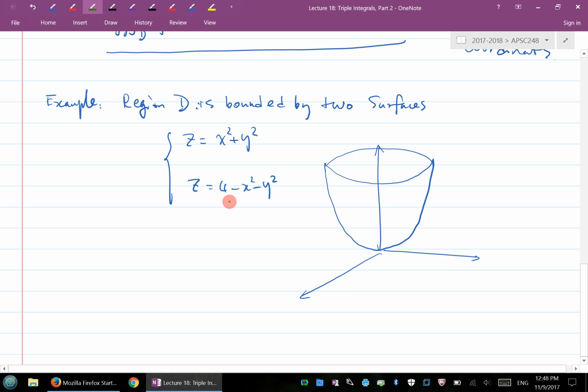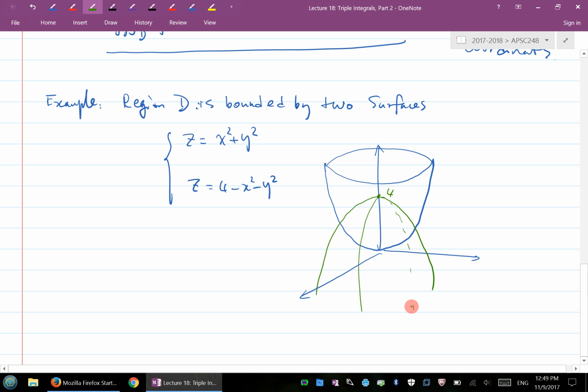Now this one here, you can see z has a maximum value of 4, so if this is 4 here, you're going to draw an upside down paraboloid. So that's basically like two balls on top of each other. Okay, and then these two surfaces will give us this region D.